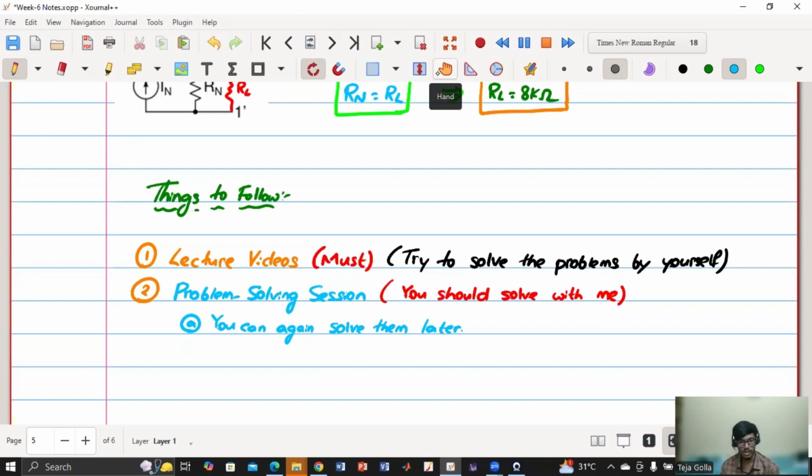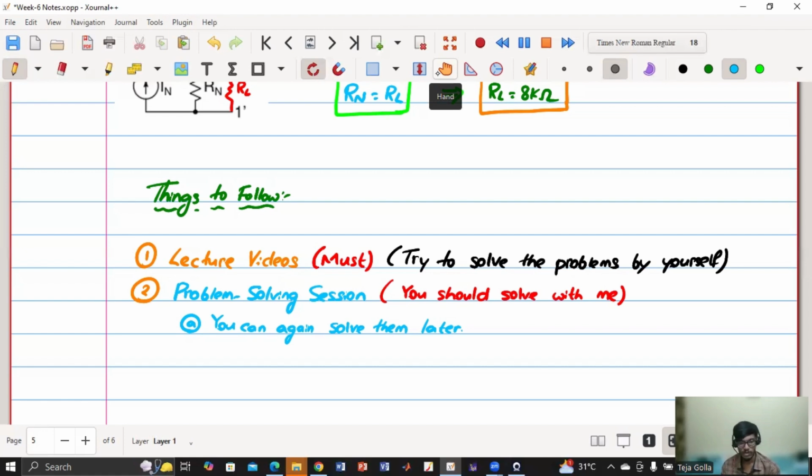The concepts are Thevenin, Norton, maximum power transfer theorem, and two port. I have touched all these except the two port till now, which I am going to cover after this. So I am trying to build your concept.